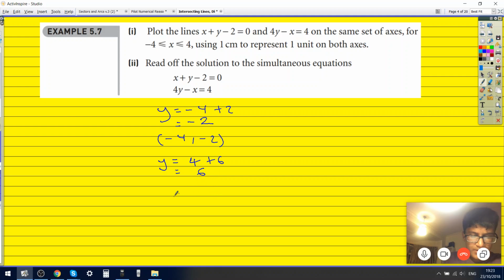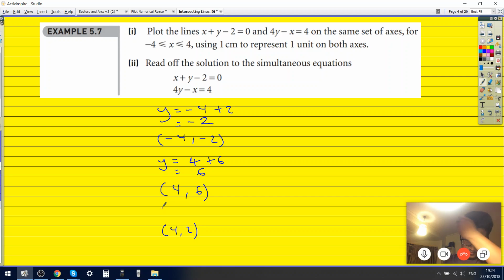First point would be minus 4, 0. And the last point would be 4, 2. Okay. And so you would sketch those, or you would draw them.